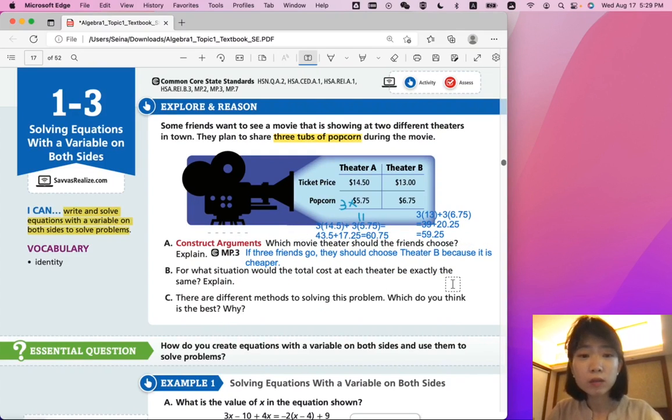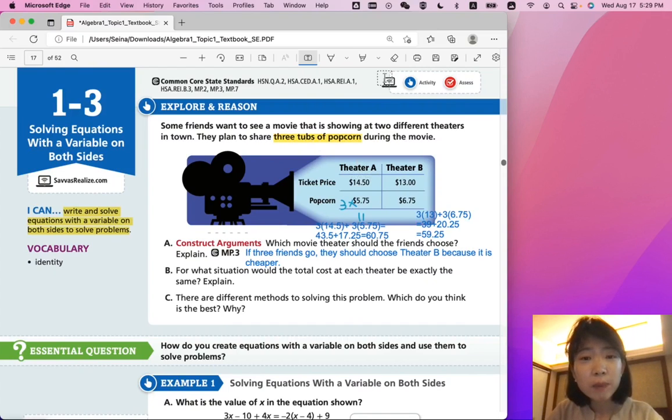Part B. For what situation would the total cost at each theater be exactly the same? In order to figure this out, what do we need? An equation, or you can guess and check, of course. But it would be very helpful if you figured out the equation.